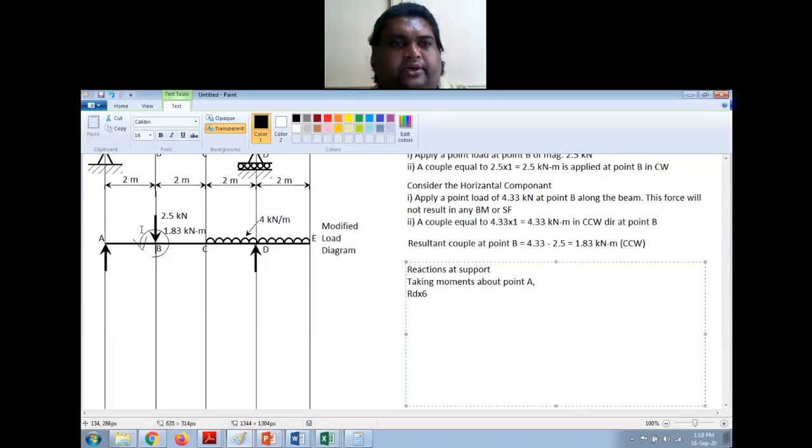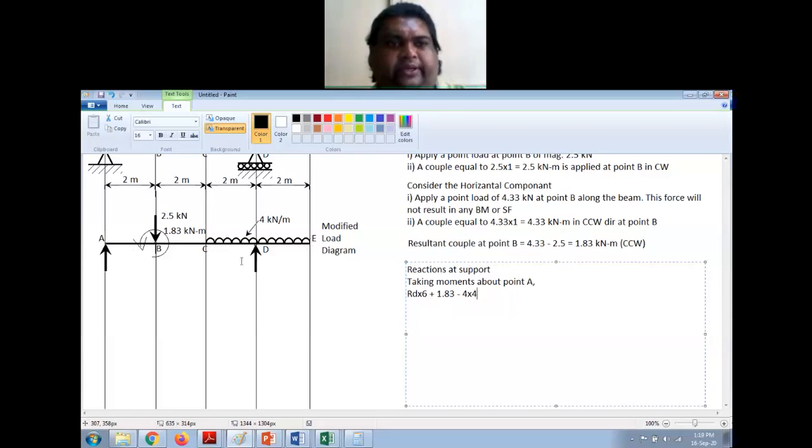There is also a counterclockwise couple of 1.83, plus 1.83, minus, you have this UDL, intensity is 4 into length is 4 meters into, it is acting at this point D, that is the midpoint of CE.